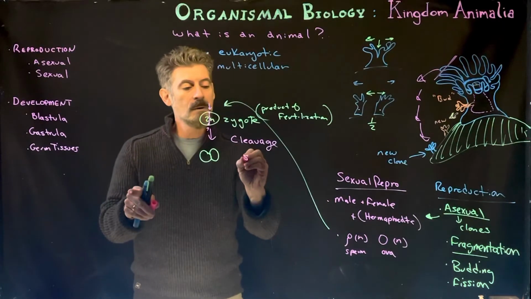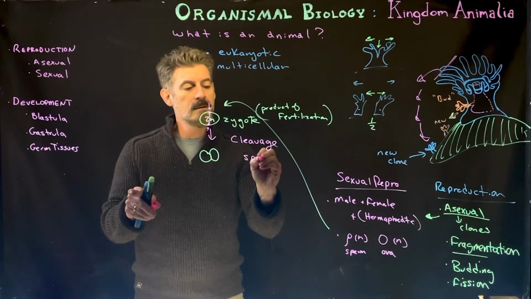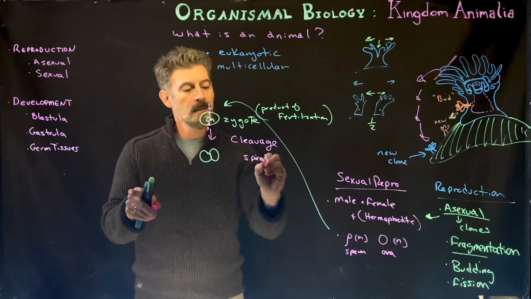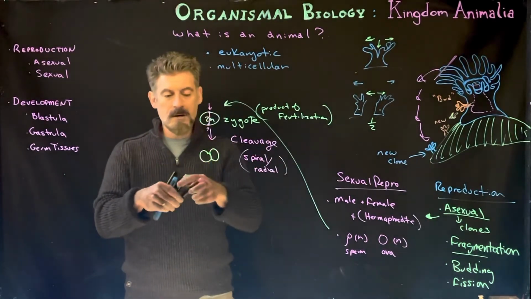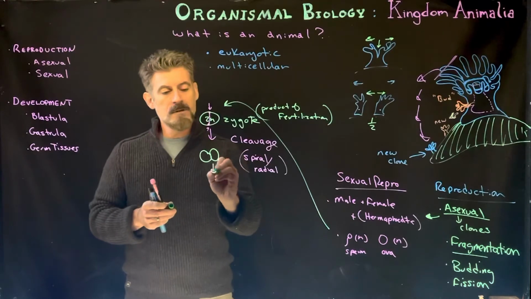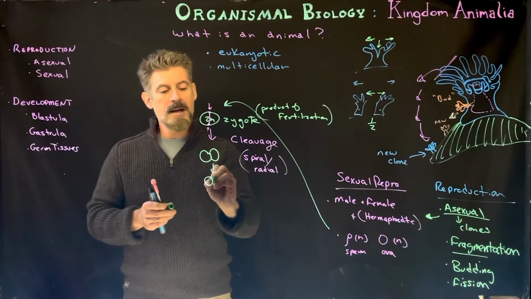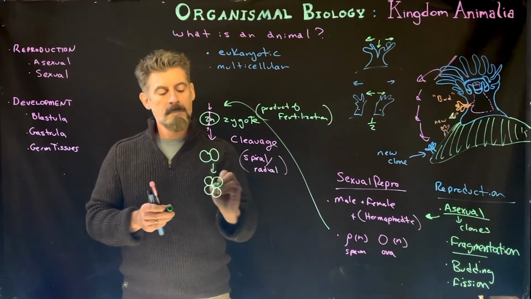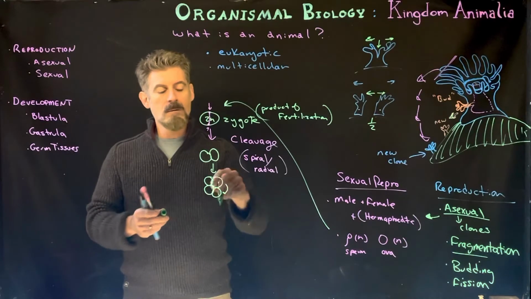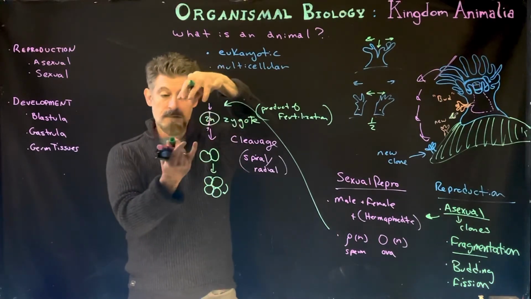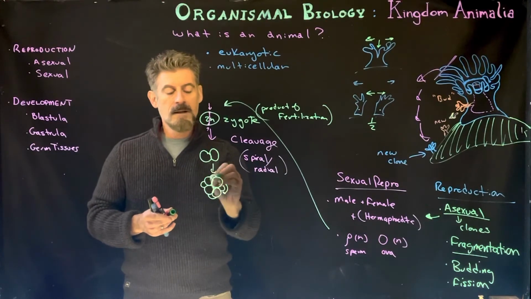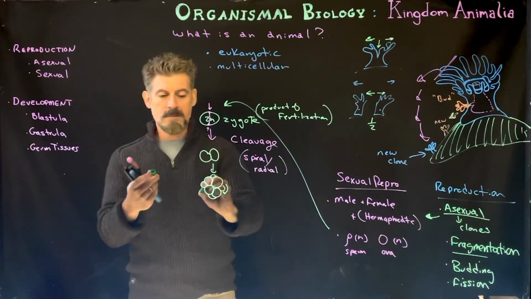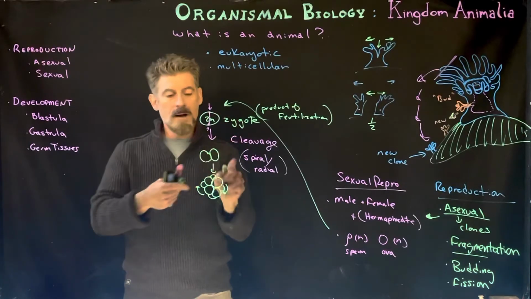There are a number of different ways. Two of the more common ones are called spiral cleavage and radial cleavage. This will depend on the pattern that the cells divide: do they stack on top of one another perfectly, or do they, the next time, fill in between the other cells, kind of rotating around?